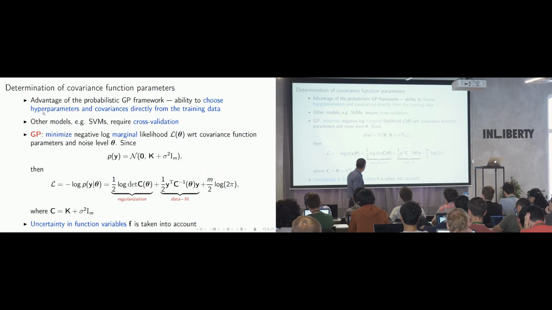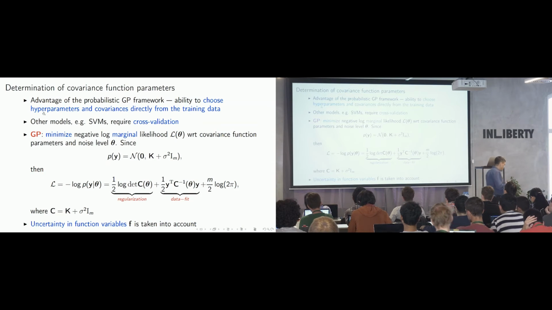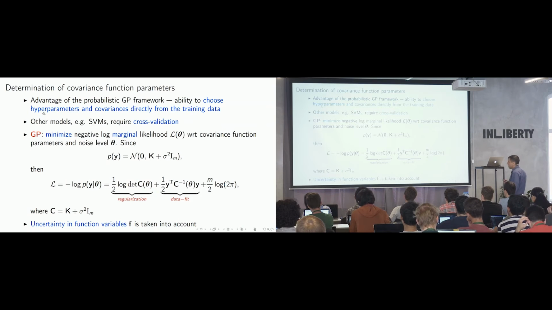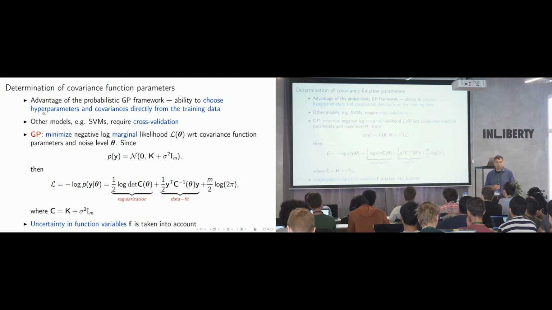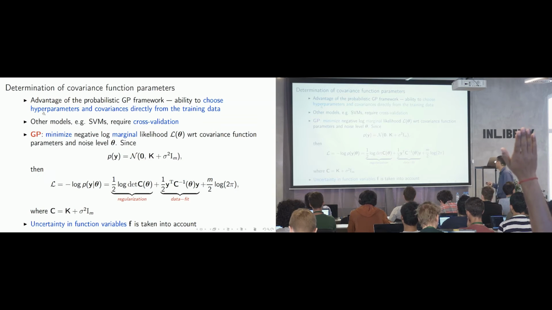Because in this case we have a generative model for the data, which is Gaussian, we can use this generative model to construct a likelihood which we can optimize to estimate parameters of the covariance function and parameters of the noise process.